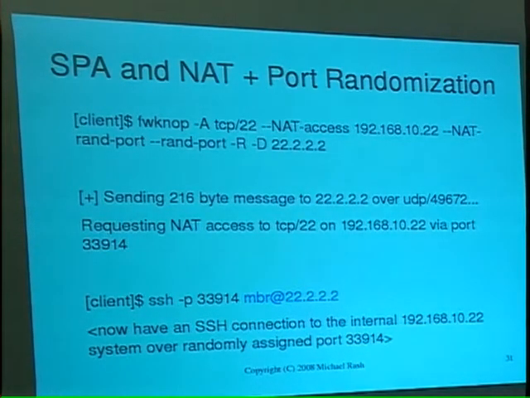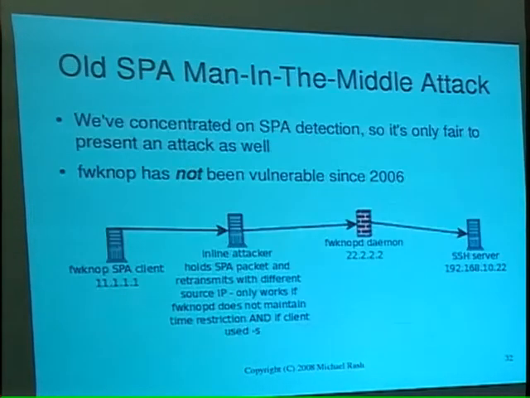In this case, fwknop assigns me port 3394, which I will use on the SSH command line to make the connection. Not that port randomization really makes things difficult to analyze. It just raises the bar a little bit more. I can't always assume that my connections are going to go over TCP port 22 for SSH. fwknop can make that unpredictable.